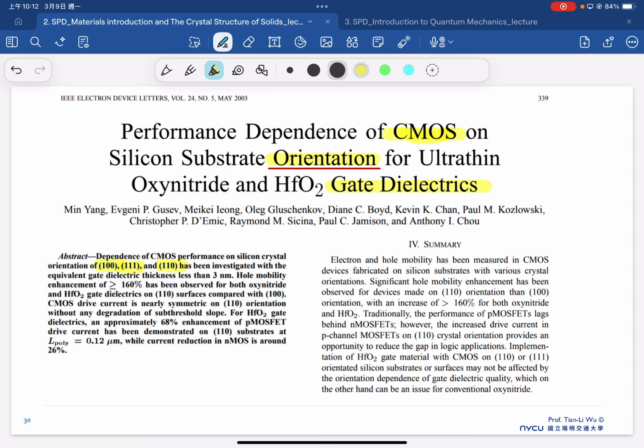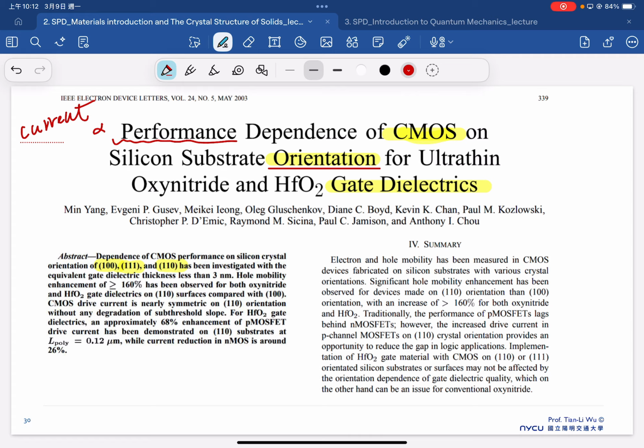And what does performance mean here? Most of the time, when we talk about performance, we refer to current. So we are curious about how the current depends on the different orientations. And then we also consider the different dielectrics, which are oxide nitride and hafnium oxide.